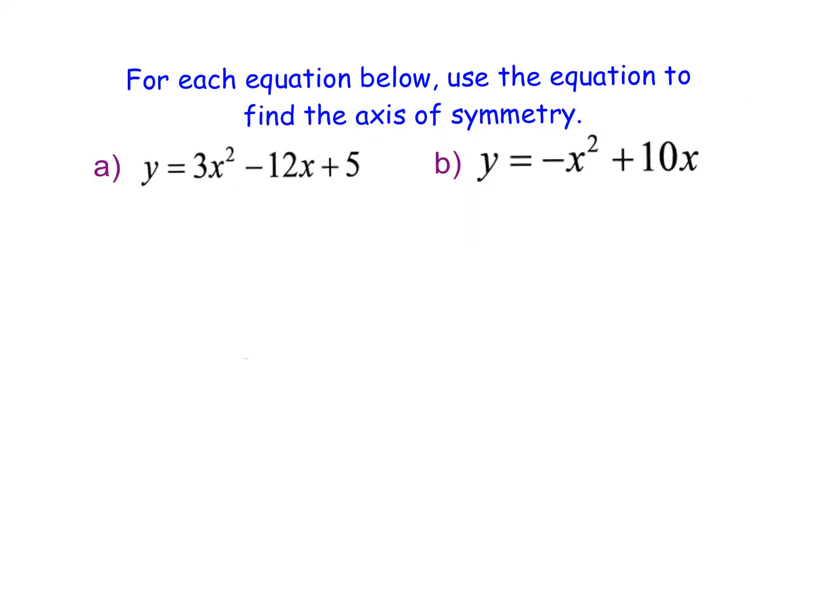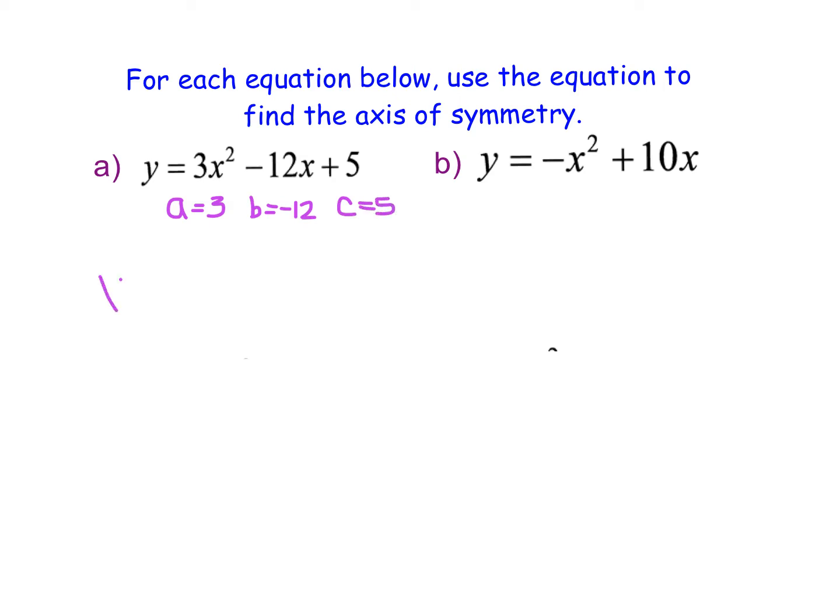So let's practice calculating the axis of symmetry of the standard form quadratic functions below. For each one, I'm going to start by identifying my values for a, b, and c. Here, a is my coefficient of x squared, which is 3, b is my coefficient of x, which is -12, and c is 5.